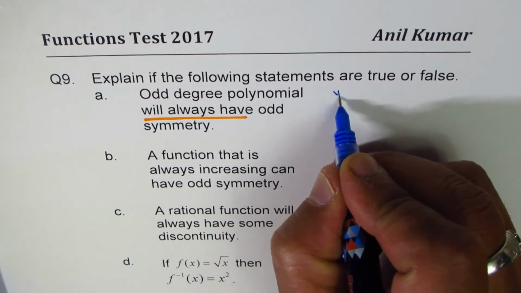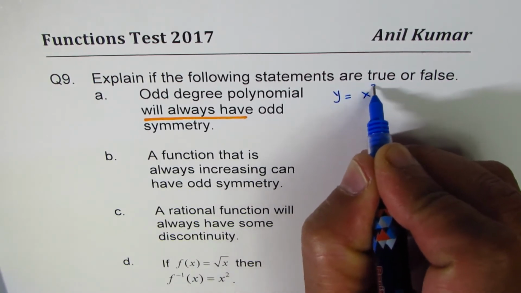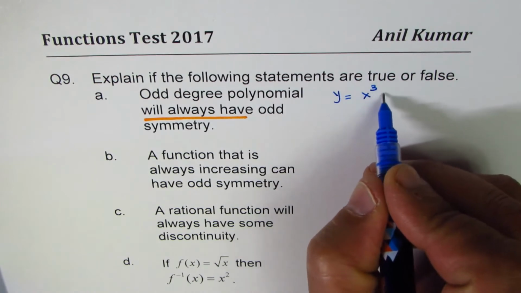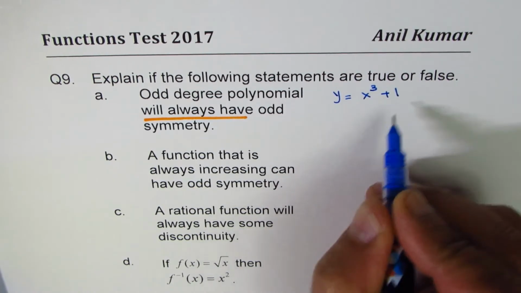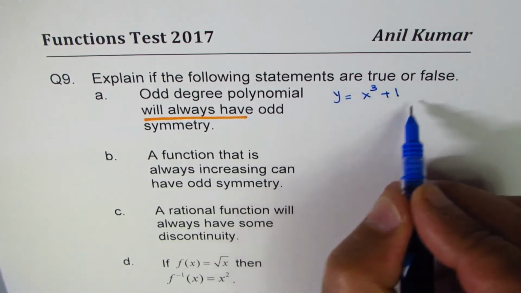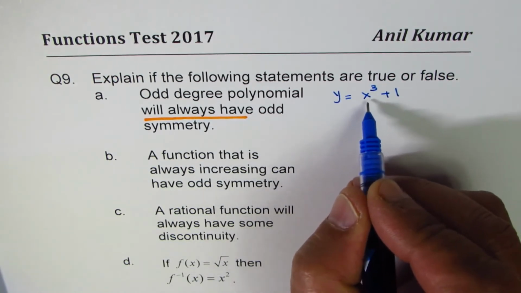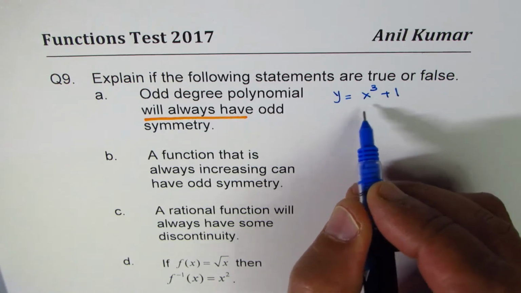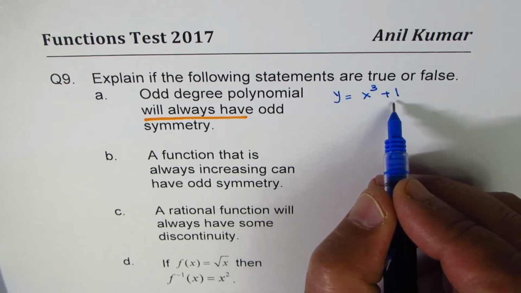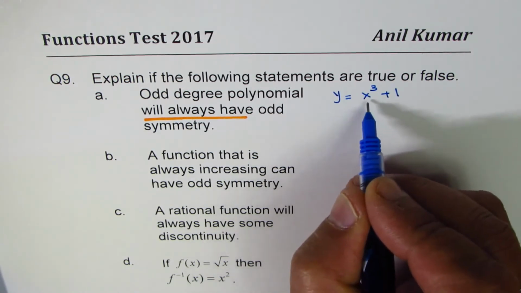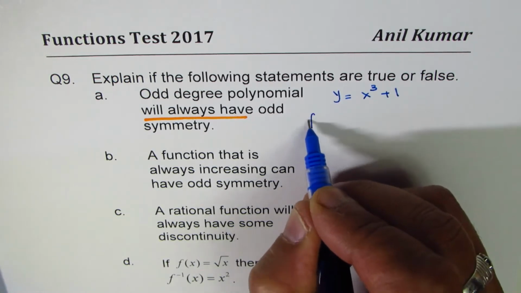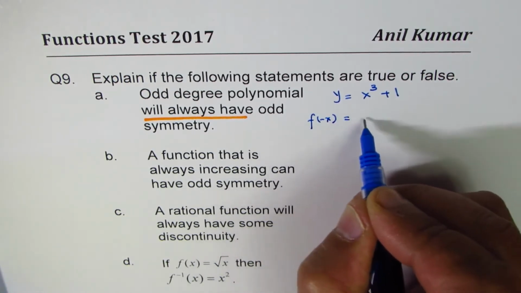So if I have function y equals x cubed plus 1, in that case, this function does not have odd symmetry. If I replace x with minus x, let's say f of minus x is what?